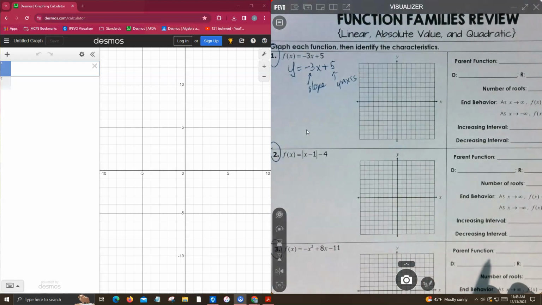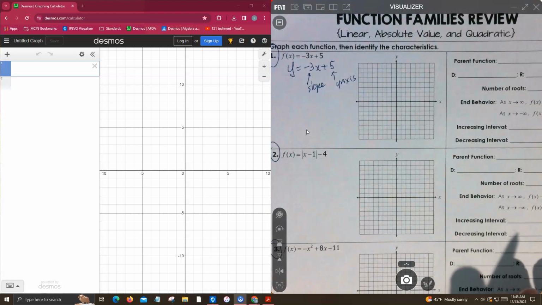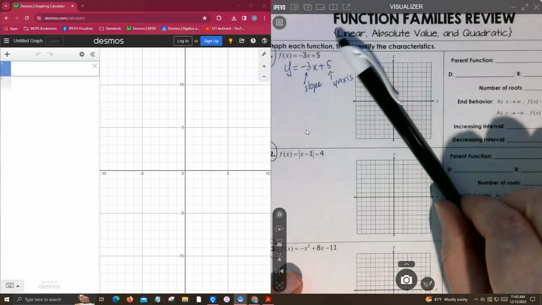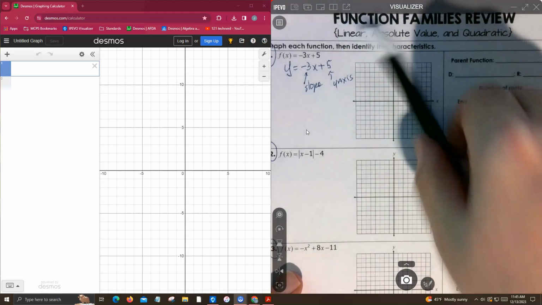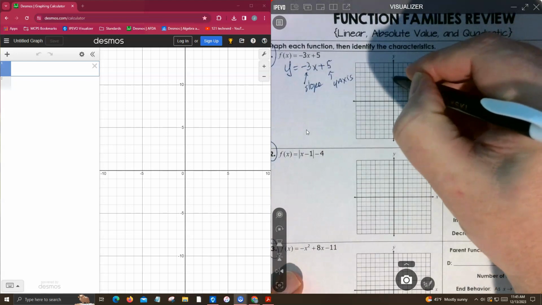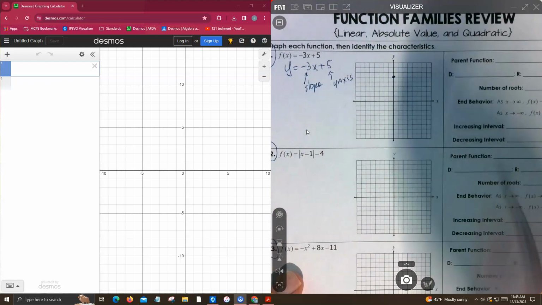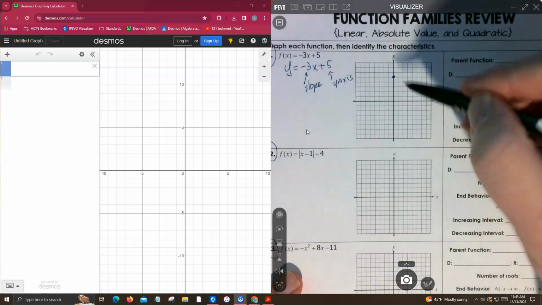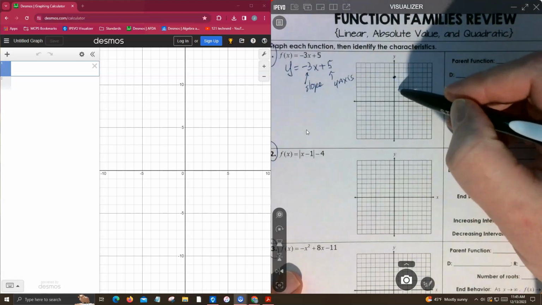We know that this should be going negatively, or downhill, so when I get done, my line should be facing in that direction. First thing I'm going to do is go up to the 5: 1, 2, 3, 4, 5. Put a dot. Remember, it only takes 2 points to make a line. So I'm going to travel down 3 and over 1.